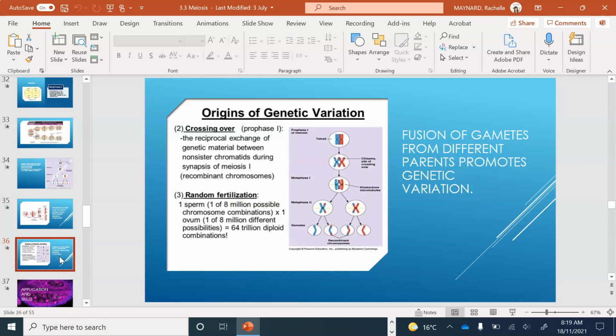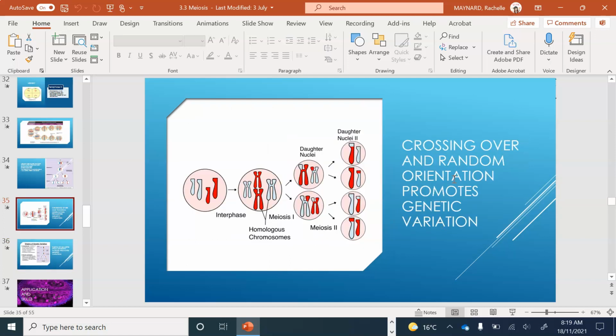So that formation of all these gametes with the different genetic material is random orientation. And then after that, the fusion of gametes also promotes genetic variation. So you've got crossing over, then random orientation where they have different combinations in each gamete.